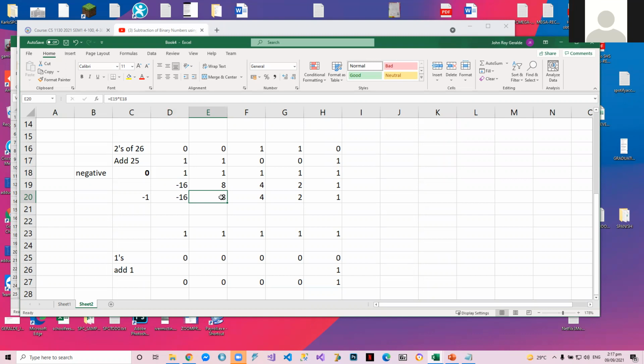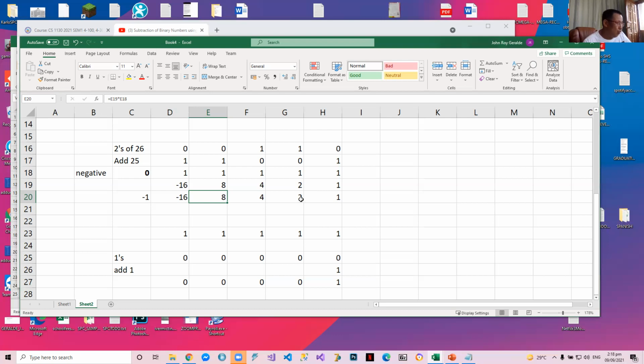Then you sum it. -16 plus 8 is -8, right? Plus 4 is -4.